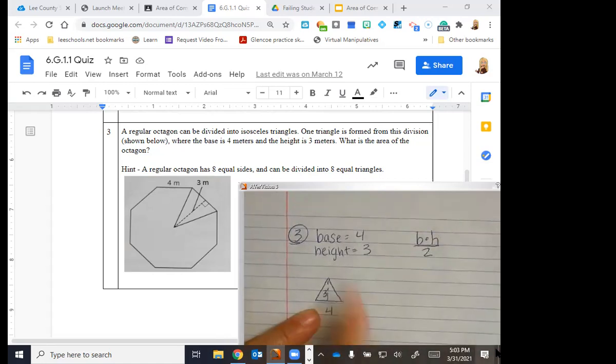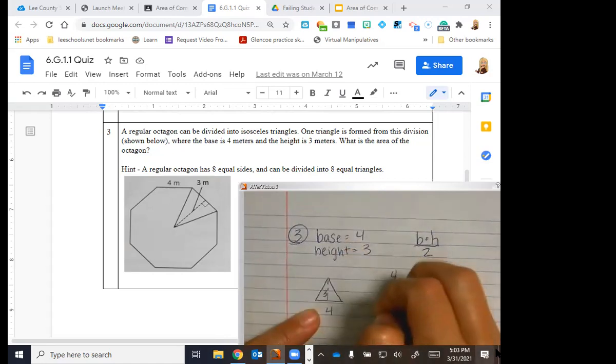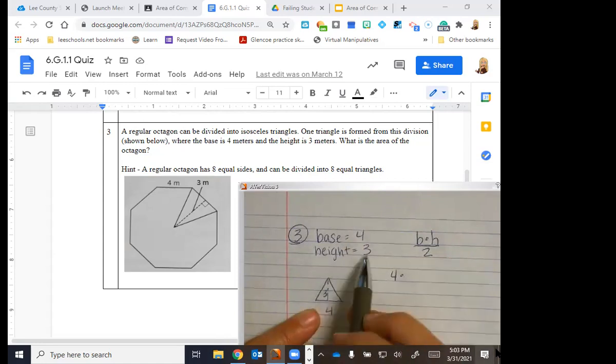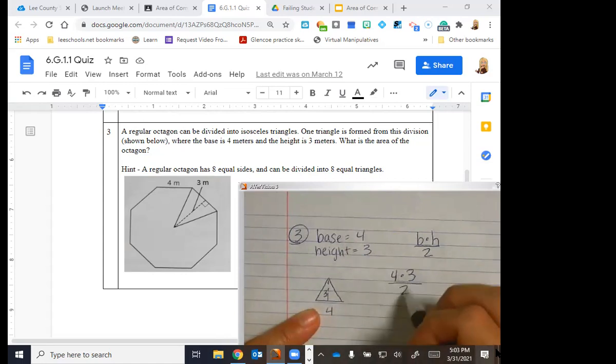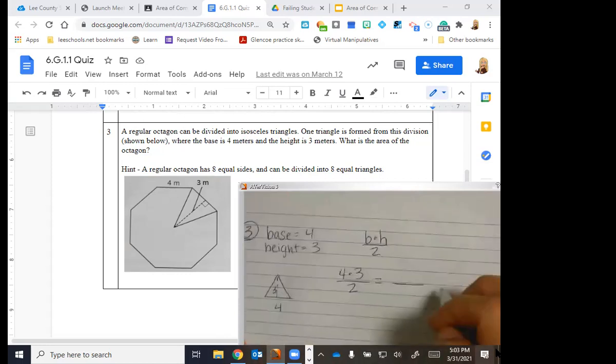They told you your base was 4, your height is 3, divided by 2. So I'm going to do 4 times 3 divided by 2. And whatever that answer is, you're then going to multiply it times 8 to get your final answer.